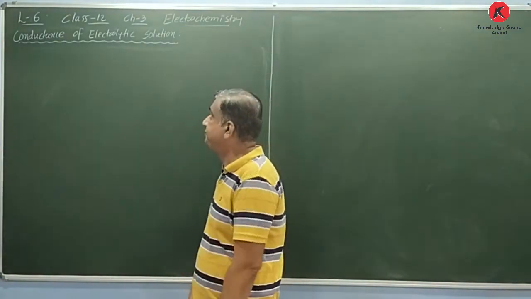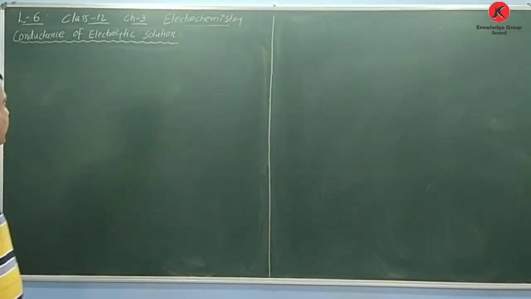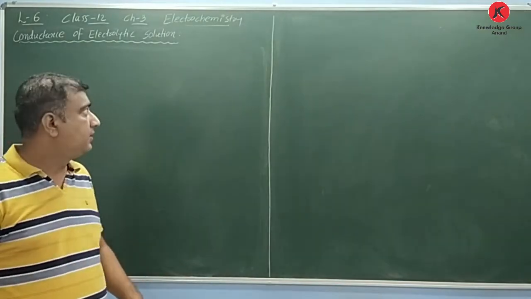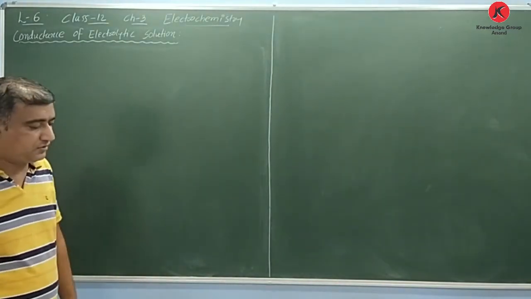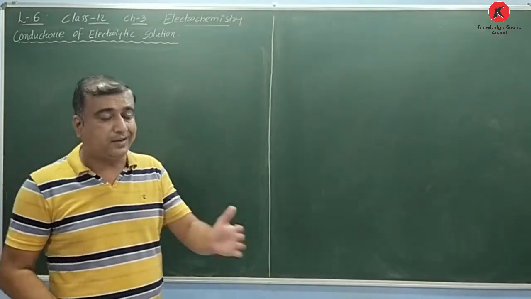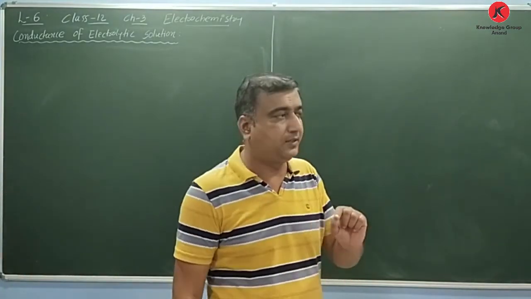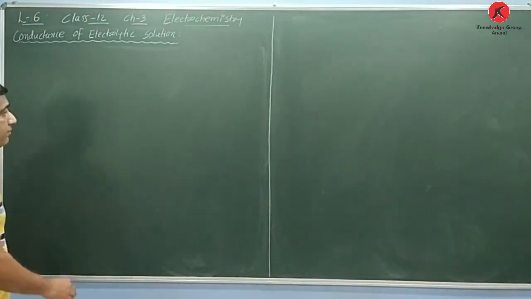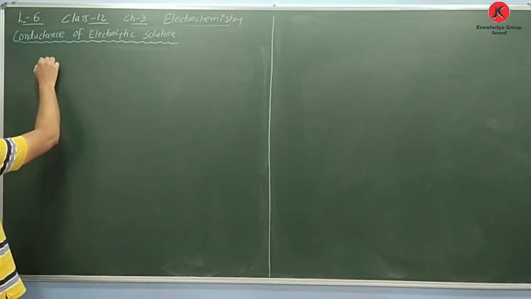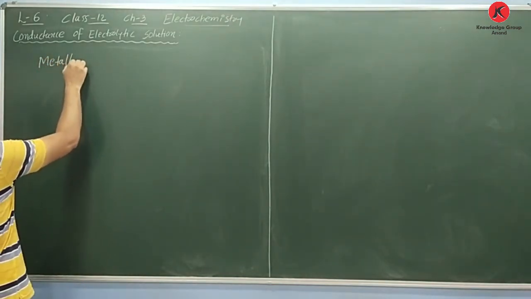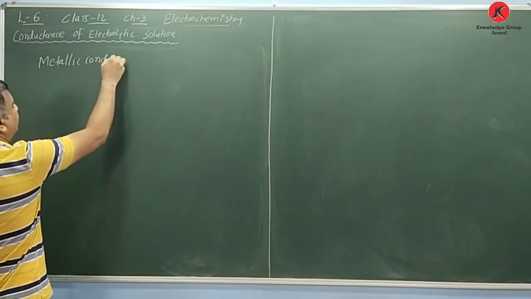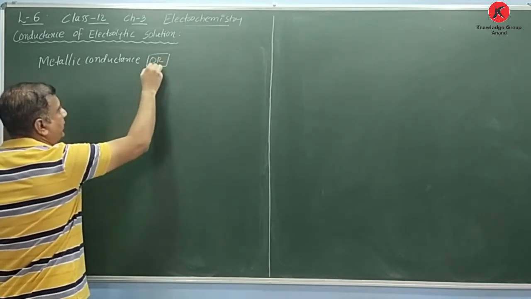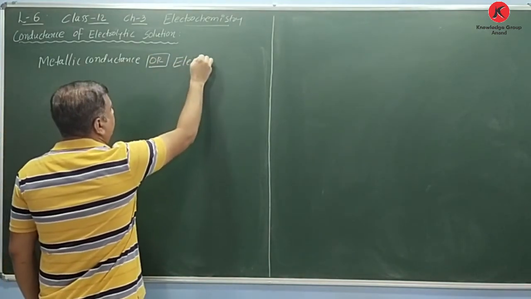Electrolytic conductance, that means conductance of electrolytic solutions. We completed the basic terms. Now electrical conductance takes place in electrolytic solutions as well as in metals, so it can be classified into two categories. The first one is metallic conductance, also known as electronic conductance.